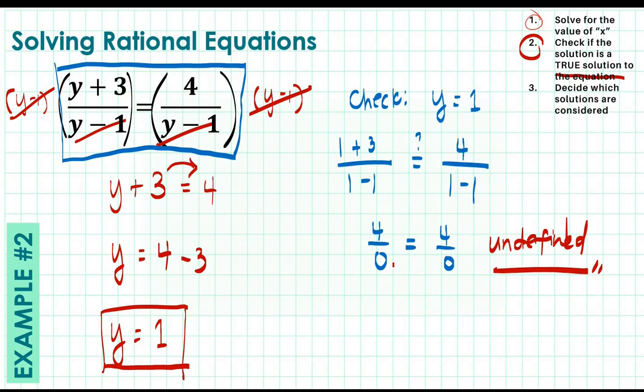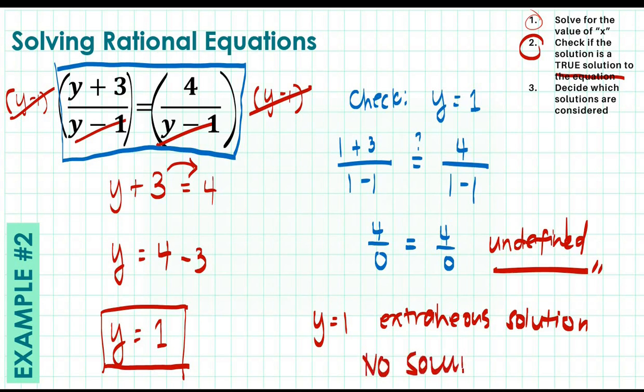So although the left-hand side and the right-hand side are equal, if it becomes undefined, then this is already a false solution. Therefore, y equals 1 is a false solution, or what we call an extraneous solution. Basically, since this is an extraneous solution, we do not actually have a solution for the rational equation.